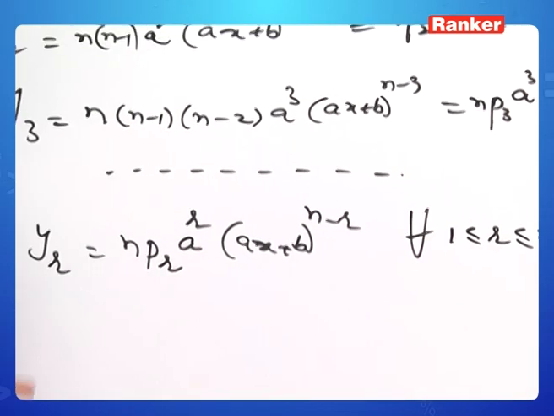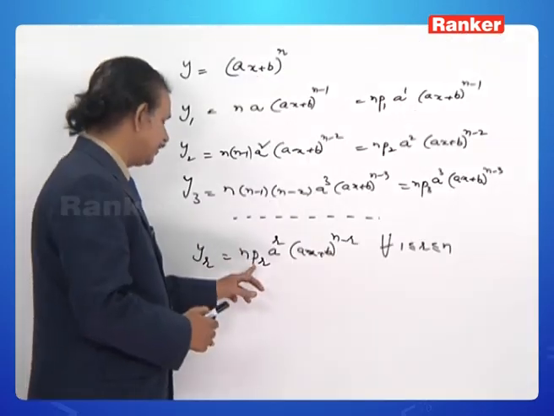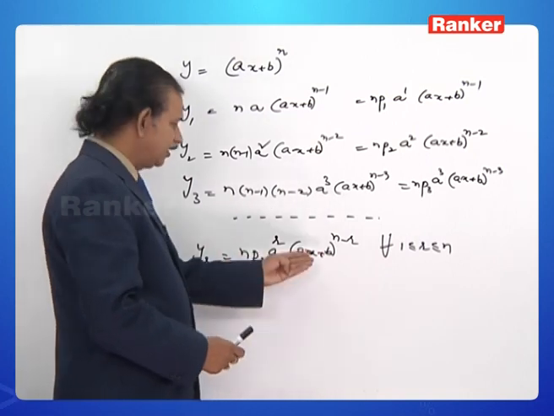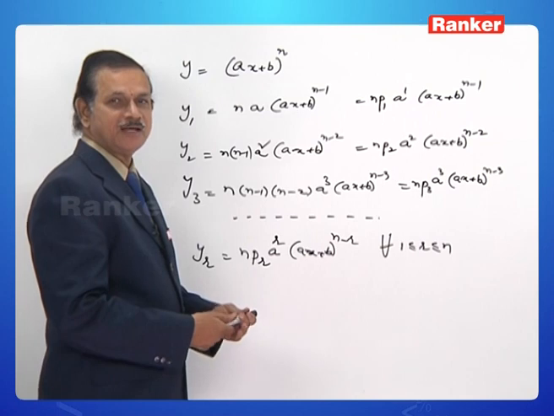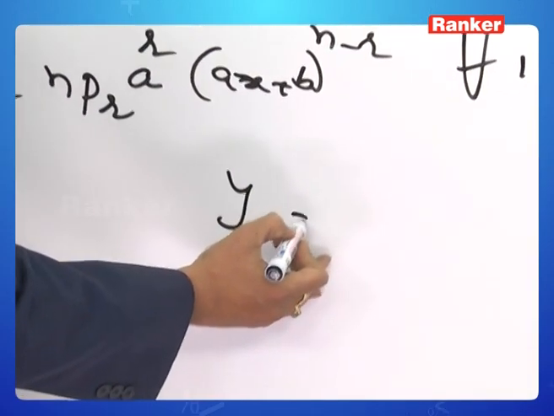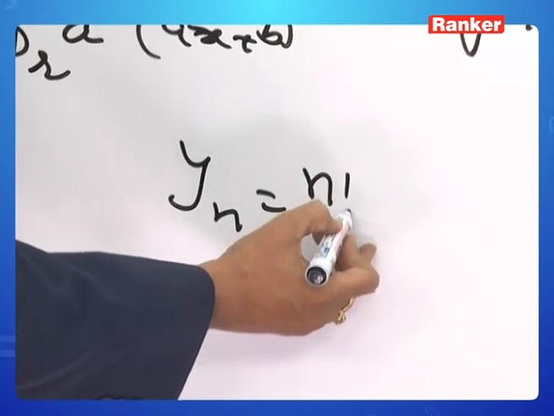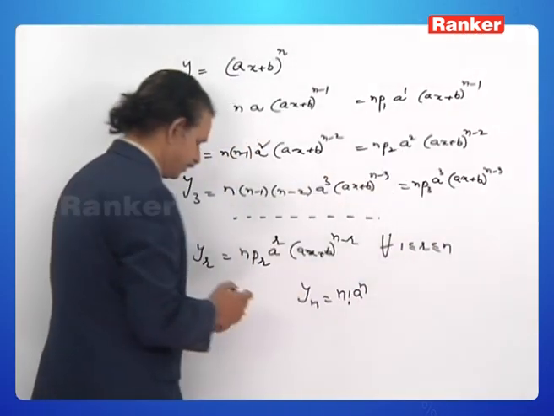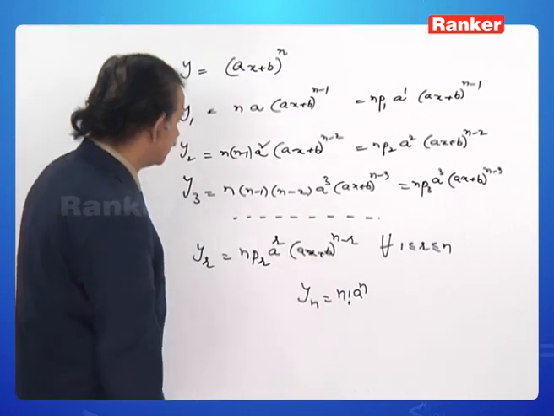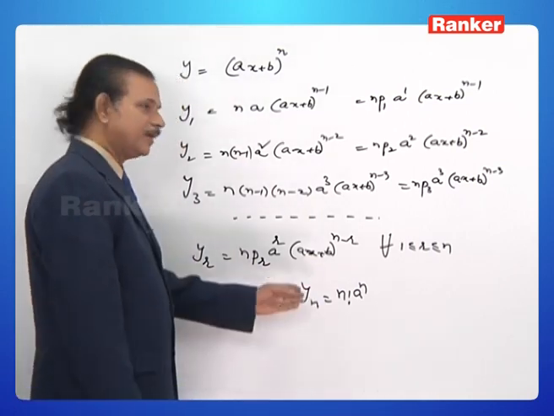If r is equal to n, what happens? nPn, that is n factorial, a to the power n into (ax plus b) to the power n minus n, that is 0. Therefore, yn is equal to n factorial into a to the power n. It has become a constant now.